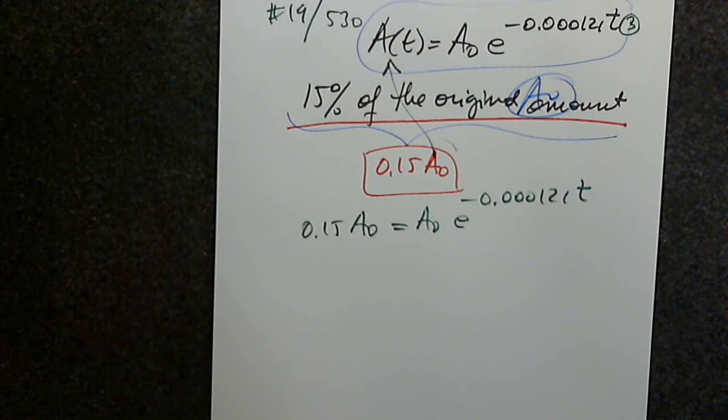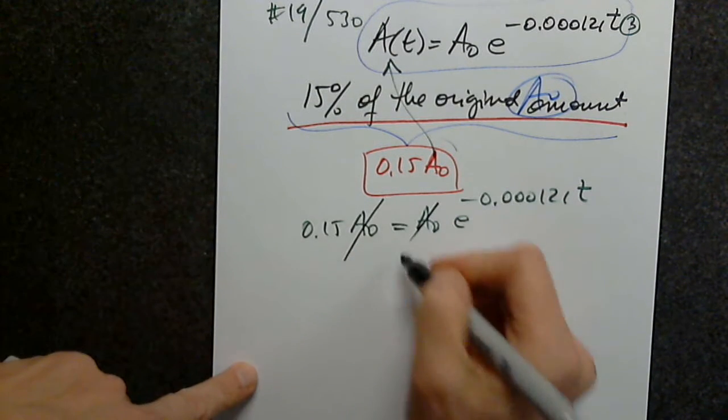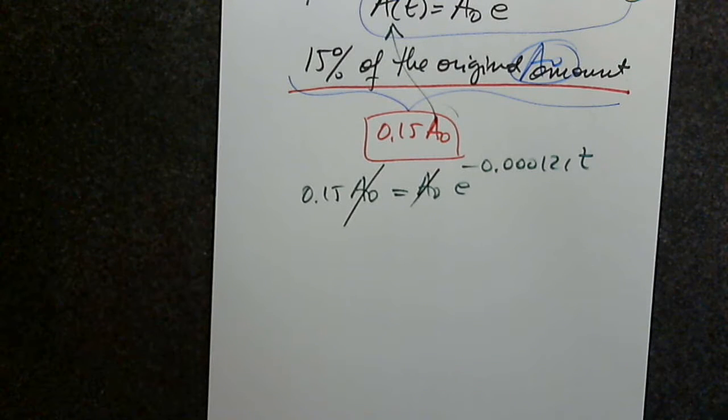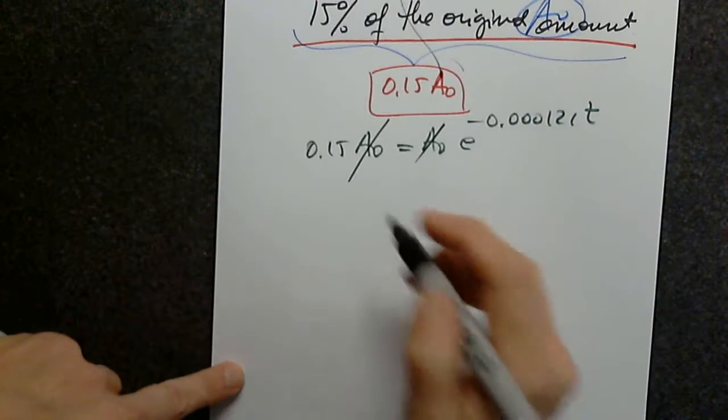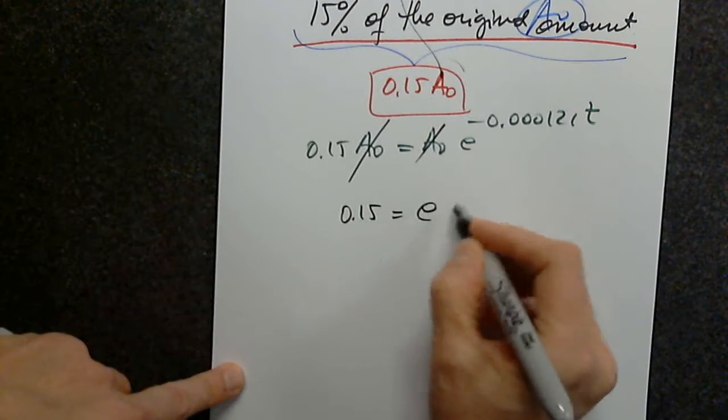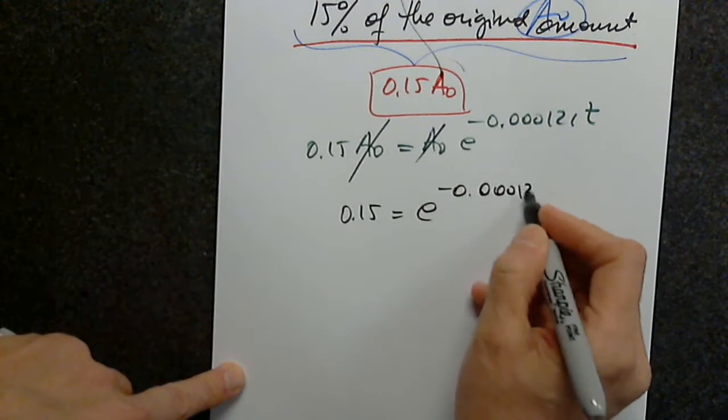True. But what will you do to both sides of this equation? We simplify both sides. We have to clean it up. If we don't clean it up, we'll make our life way more difficult. I will divide both sides by A0 because A0 is not 0, right? So then the new equation is 0.15 equals e to negative 0.000121 t.